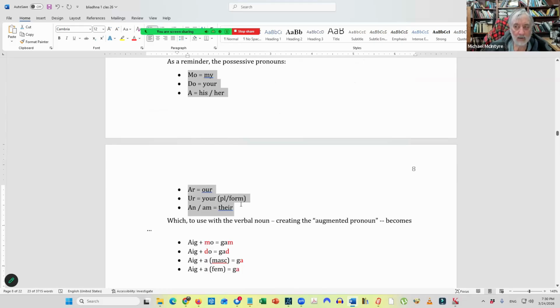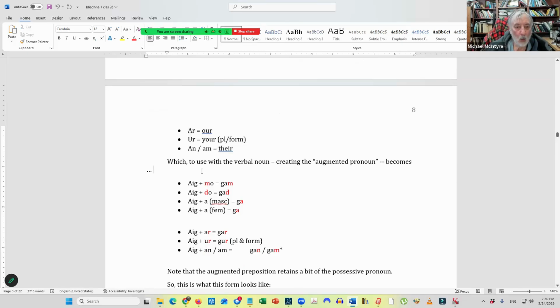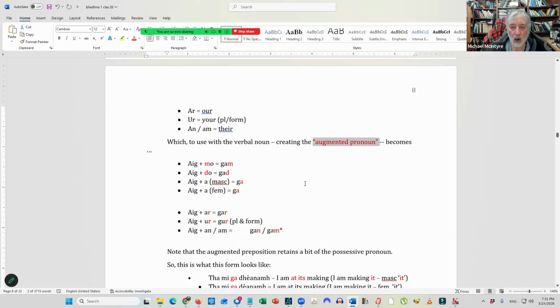Now, to use with a verbal noun, we create a very important concept, the augmented pronoun.